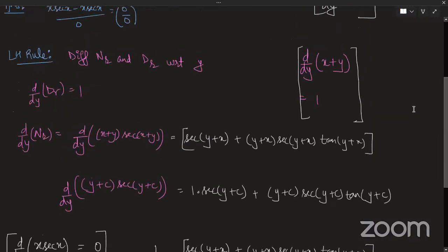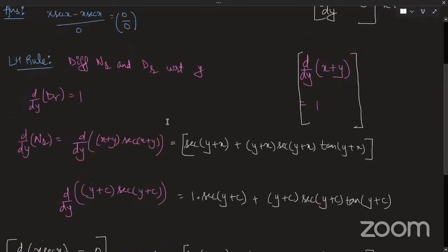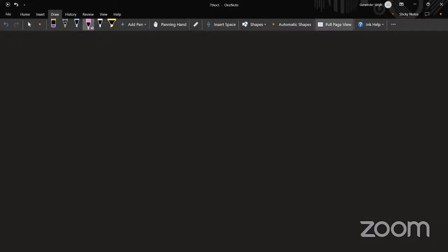Fine. And now there is one more thing, if you can just go about and look into it. Do you remember the first principle of derivative? What does it tell you? It tells you that f dash x is equal to limit h tends to 0, f of x plus h minus f of x by h. Right?